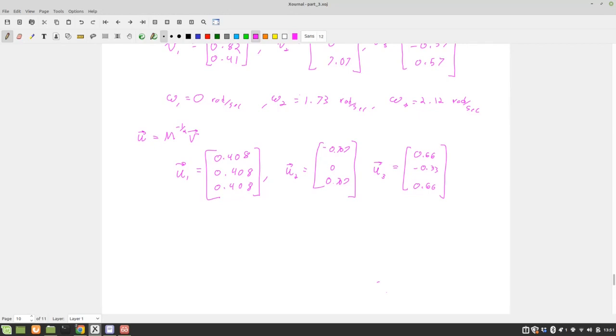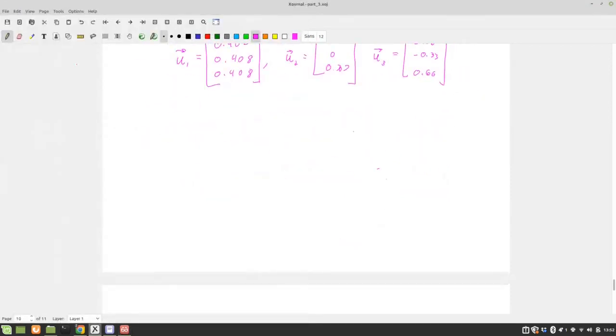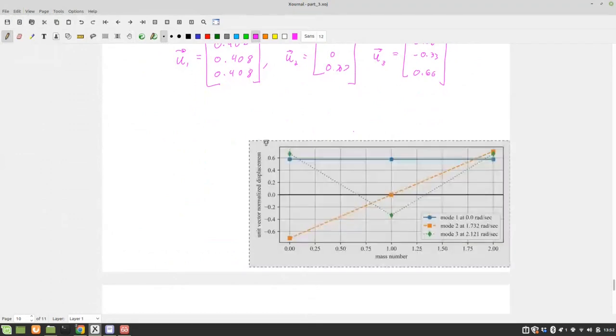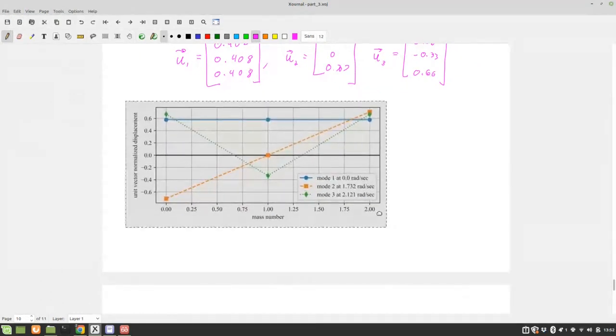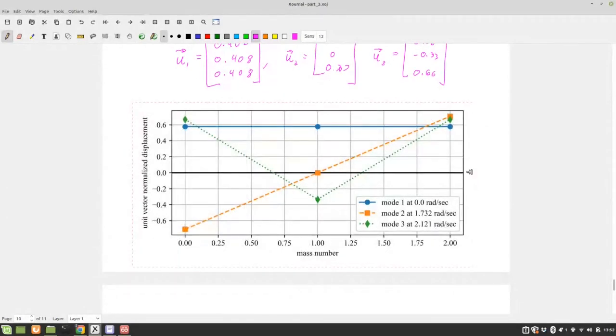Okay, so let's go ahead and take a look at our notes then. So if we plot these, oh, if you're bored now, it's about to get even more exciting. So just wait. Okay, so if we plot these, we get a first mode at 0 radians per second, which is just a DC offset, right?